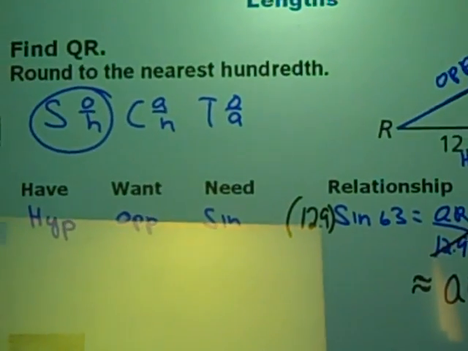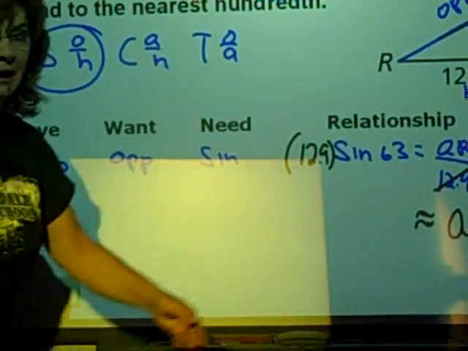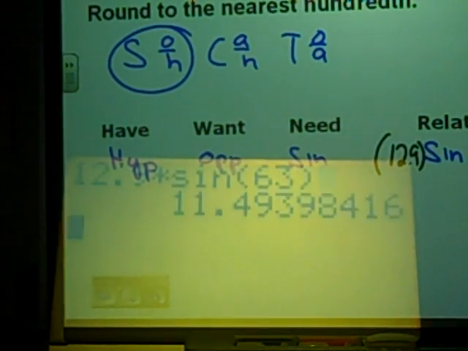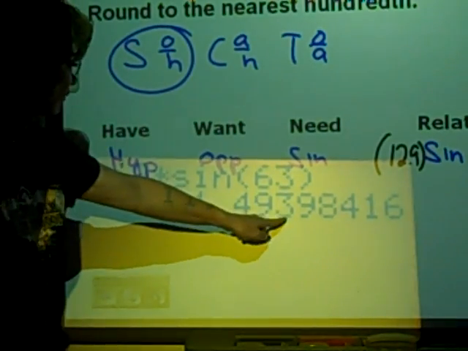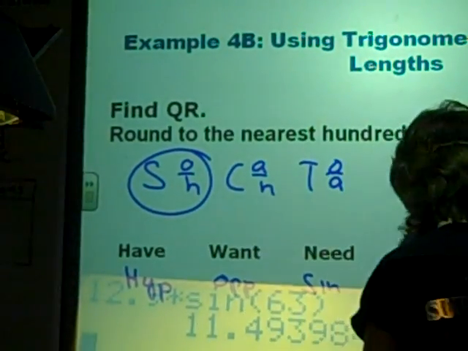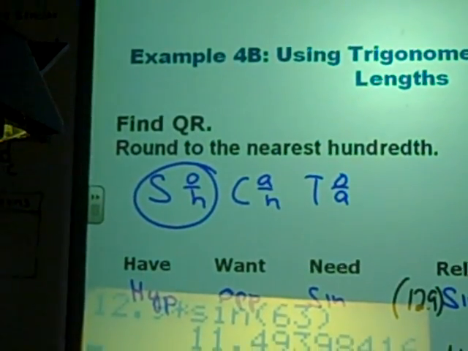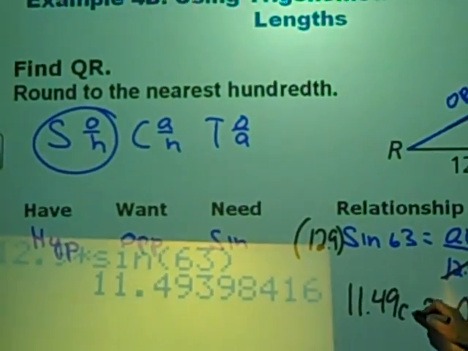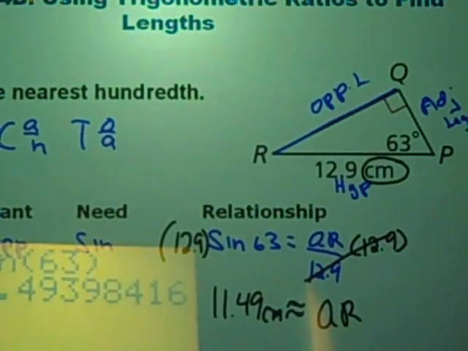And I'm just going to type in 12.9 times the sine of 63 degrees. And I see my answer to the nearest hundredth. This is a 3, so we're going to drop it. So 11.49. I look around for units, I see centimeters, and there's my answer.